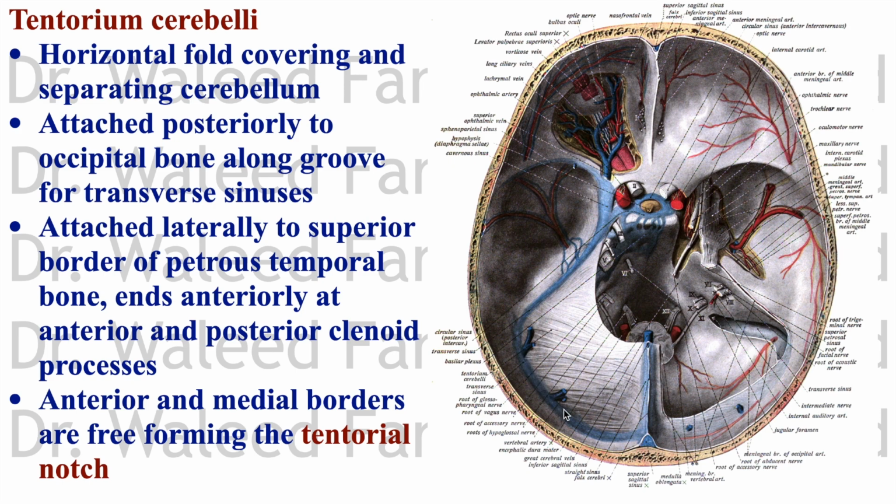Along its attachment runs the transverse sinus, as you can see here. Anteriorly, it attaches to the anterior and posterior clinoid processes, and in the middle it has a free border which forms together with the other side the tentorial notch for the brainstem to pass through.